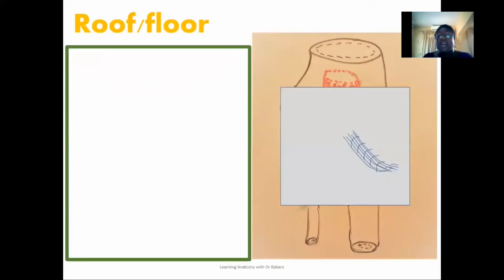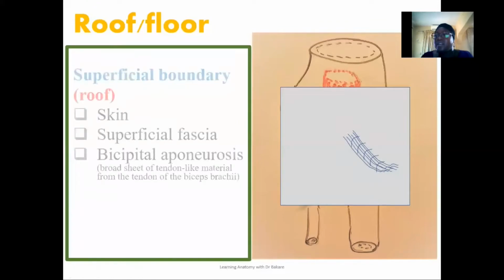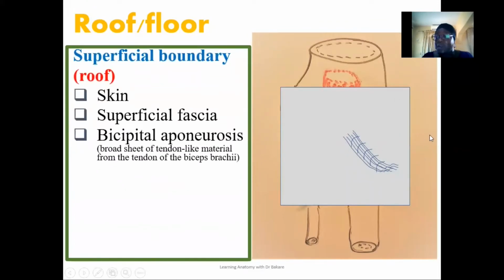So going further, let's talk about the floor and the roof of the cubital fossa. For the roof of the cubital fossa, we know that most superficial, we have the skin, and deep to the skin, we have the superficial fascia. Around the cubital fossa, deep to the superficial fascia, we have the bicipital aponeurosis. Bicipital aponeurosis is a broad extension or an aponeurotic network that is formed by the tendon of the biceps brachii muscle.